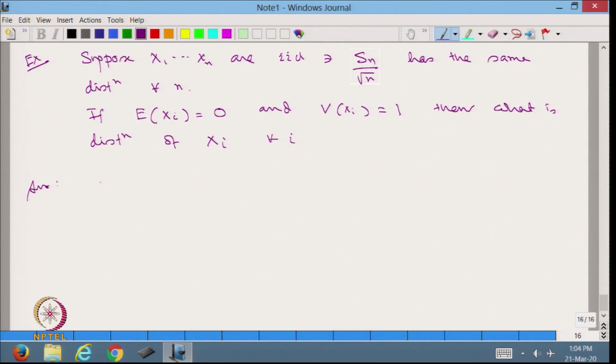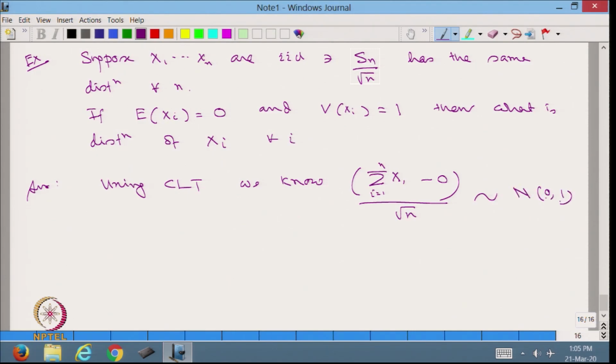Answer: using the central limit theorem, we know the sum of xi, i equal to 1 to n, minus 0 upon root over n converges to normal 0 1, or Sn upon root n converges to normal 0 1.